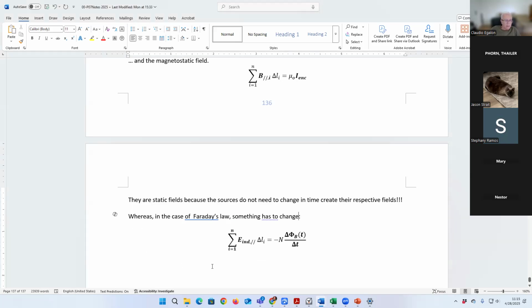If the flux does not change, then the induced field is zero.